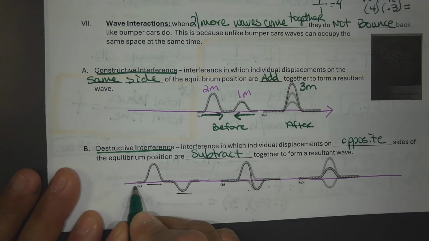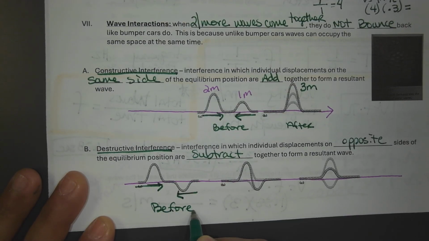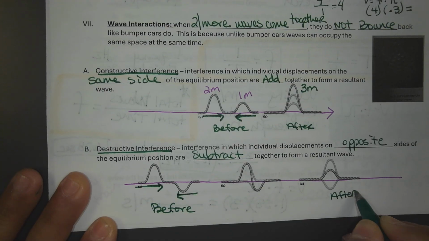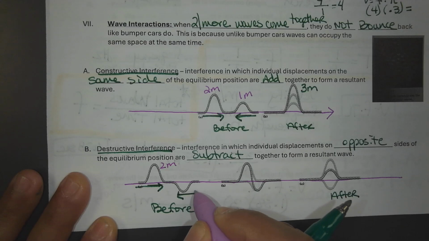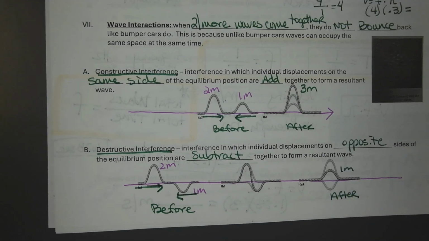So if this wave is about to collide with this wave before, and this is the after, if this one is 2 meters and this wave is 1 meter, on opposite sides of the equilibrium, 2 take away 1 is 1 meter. And because the 2 meter was at the top of the equilibrium, it's going to win whenever they collide, and it's going to be at the top. Easy cheesy, adding and subtracting.